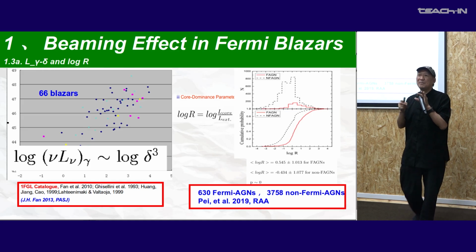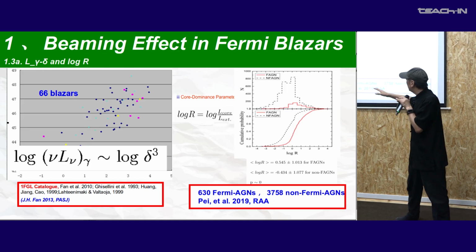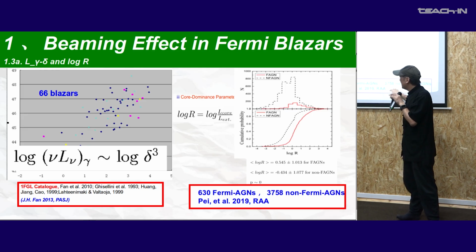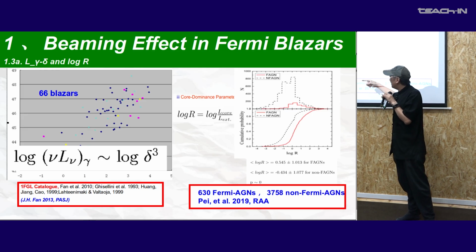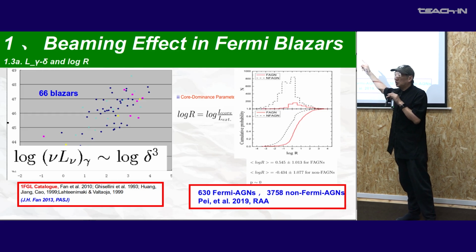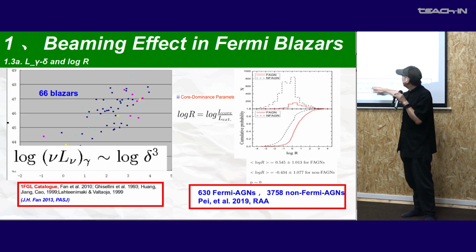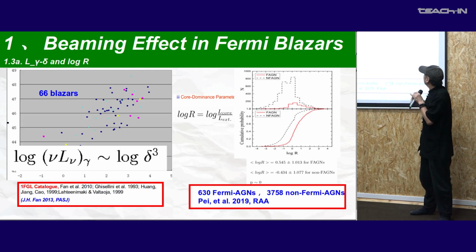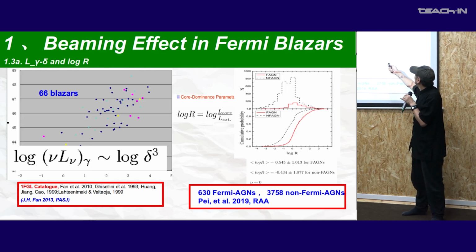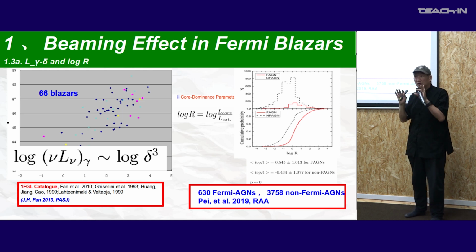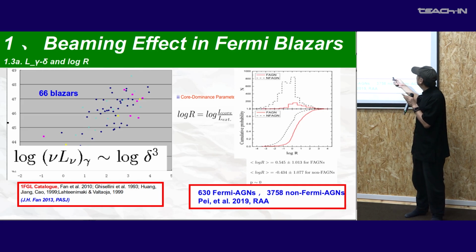So we just compare these two subsamples, and compare their core dominance parameter. We found that for Fermi blazars, the distribution of the core dominance parameter is in red, while the blazars with no gamma ray emissions are shown with this dashed line.